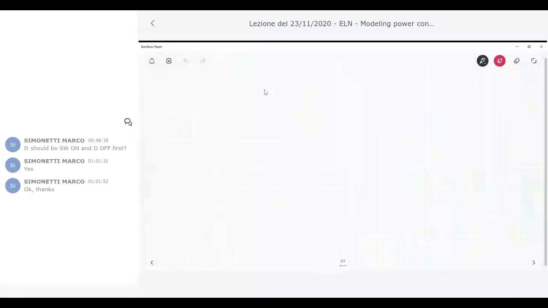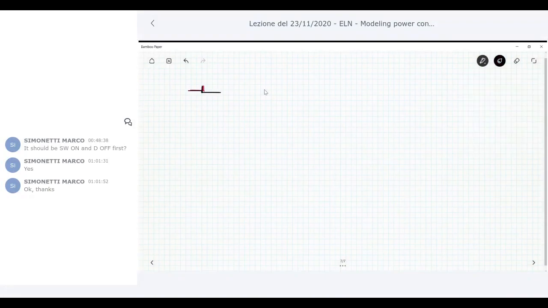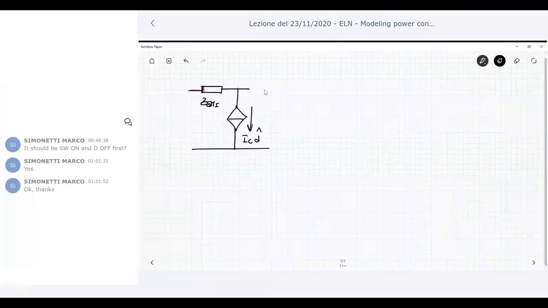In this case, I have zeta EMI here. Now my current source in place is I C D. I have the transformer, turn ratio, which is D.